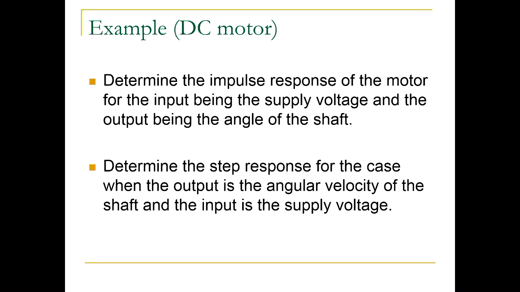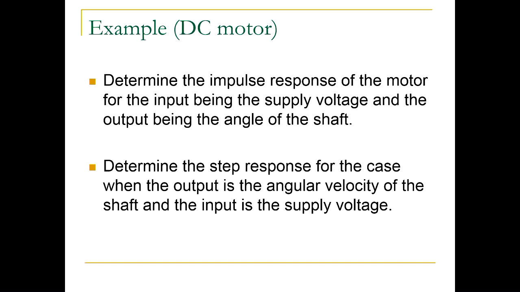So here, in a DC motor, you have a rotating shaft. So you apply a certain voltage and the shaft would rotate. So the angle, in this case, is the output. So that's the first part of the question. The second one is to determine the step response. In the first case, we were looking at the impulse response.